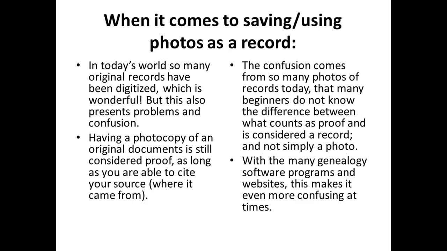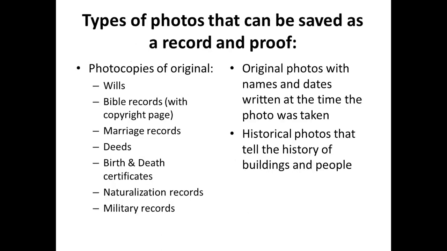So that is an original record. They have a citation, but when they add it to their tree, it is counted as a photo, which is true. In Ancestry's algorithm, it is a photo, but it is also a source. It is a proven record that you have a source for. There are other photos that can count as records, and then some that you just do not want to add at all. So I'm going to go over both of those real quick.